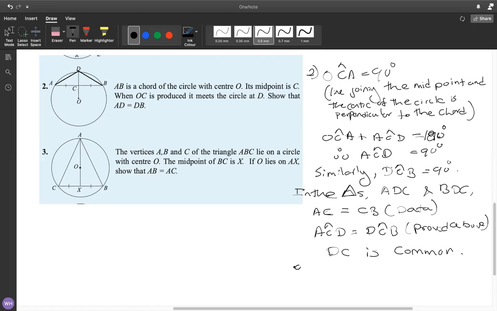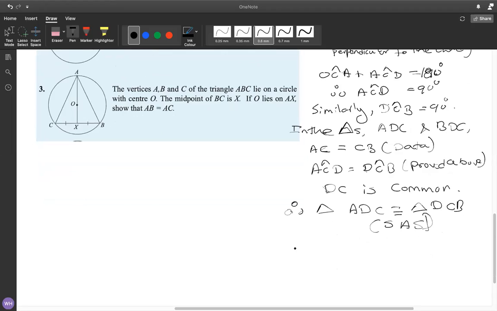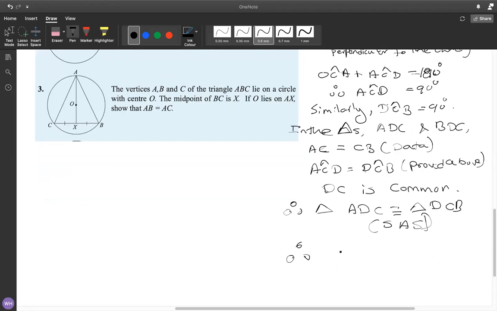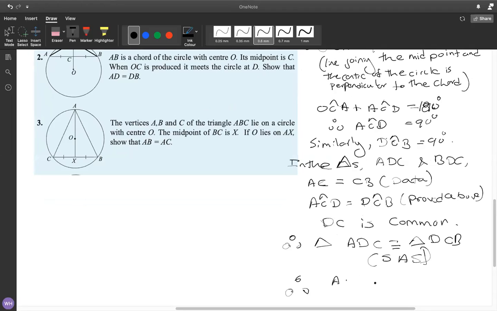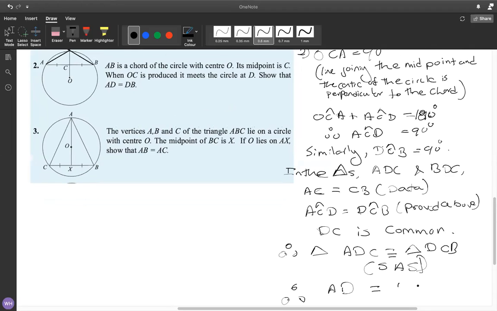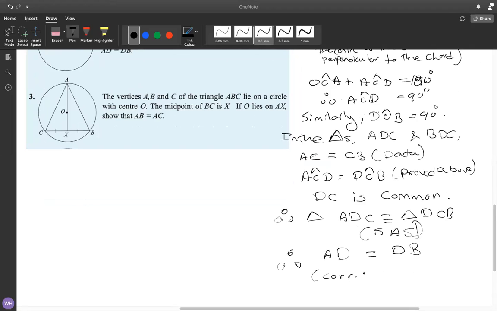So you can say, therefore, the triangle ADC is congruent to the triangle DCB under the case of SAS. Right. So with this, you can say, therefore, AD will be equal to DB, on the reason corresponding elements of two congruent triangles.